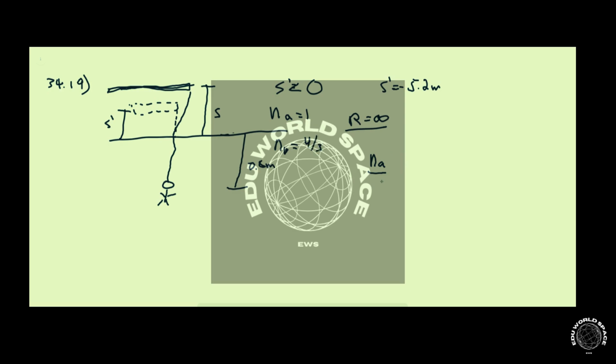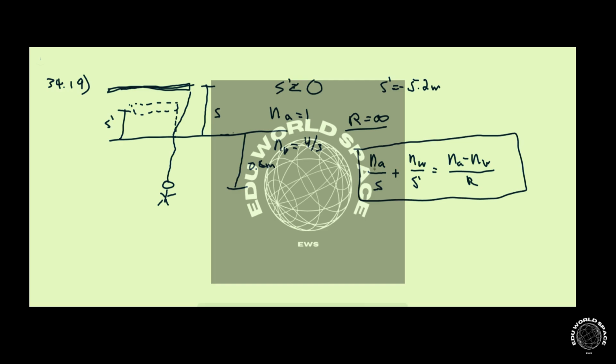So our equation becomes n_a over the object distance, plus n_water over the image distance, and this should equal the difference in these indices over the radius of curvature. Cool, so this is our equation that's going to let us figure out what we want.